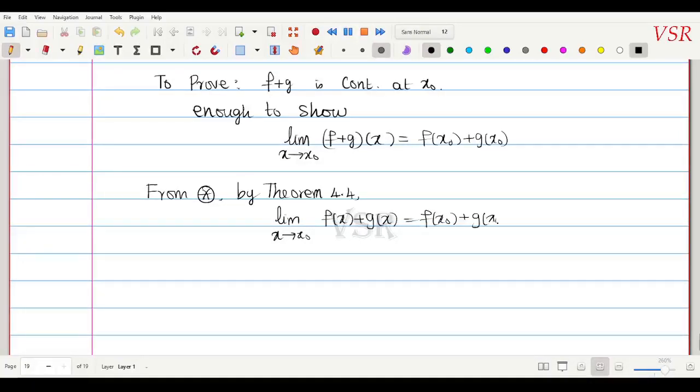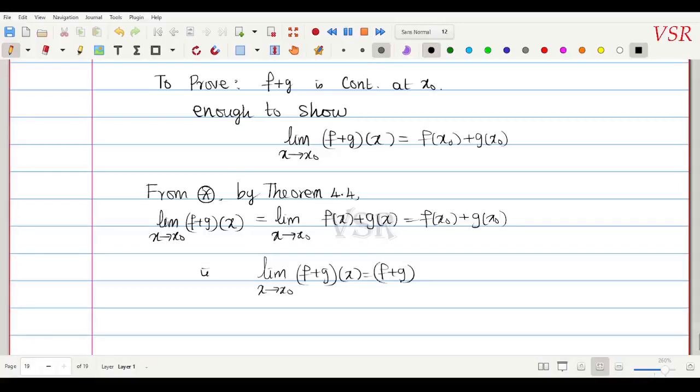Okay, but this is nothing but f plus g at x naught. So what we have proved is that limit x tending to x naught of (f plus g) of x is equal to (f plus g) at x naught.